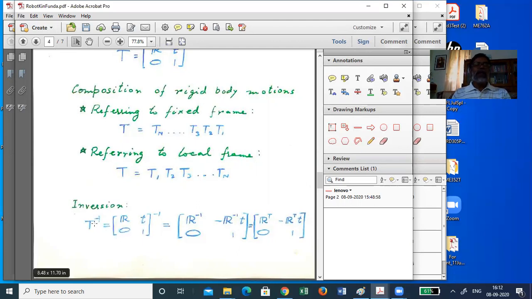So the inverse of P will be the inverse of this whole thing, and this 3 by 3 leading part will be R inverse.